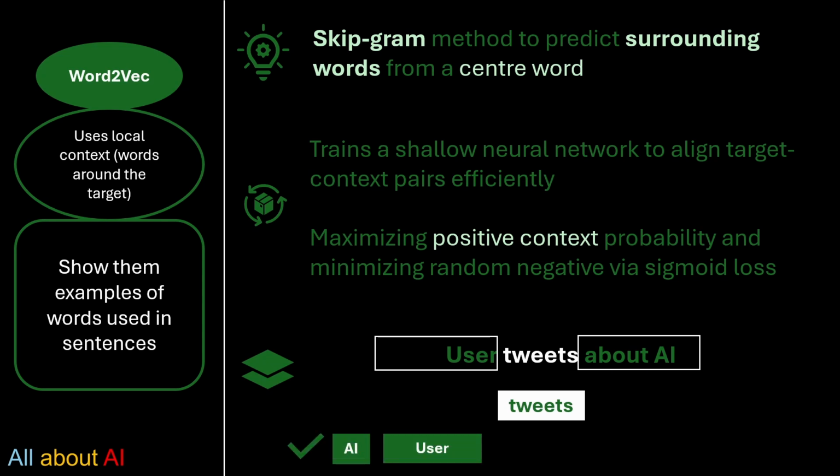AI and user will be positive context, and we will give some random negative context like pizza and dog. Those are not related to tweets. In this case, the skipgram will try to predict AI or user. So all those words will be nearer in vector space.